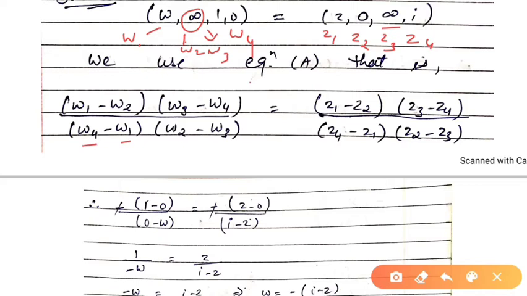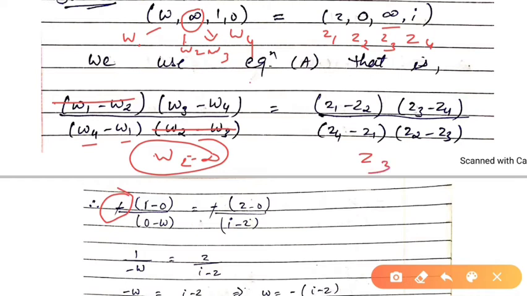So here in W we are having W2 as infinity, W2 equal to infinity. So we will remove these two brackets, this and this. Where there is W2, we will remove those two brackets and we will put here a minus sign. In the same way, in the Z portion we are having Z3 as infinity, Z3 equal to infinity.